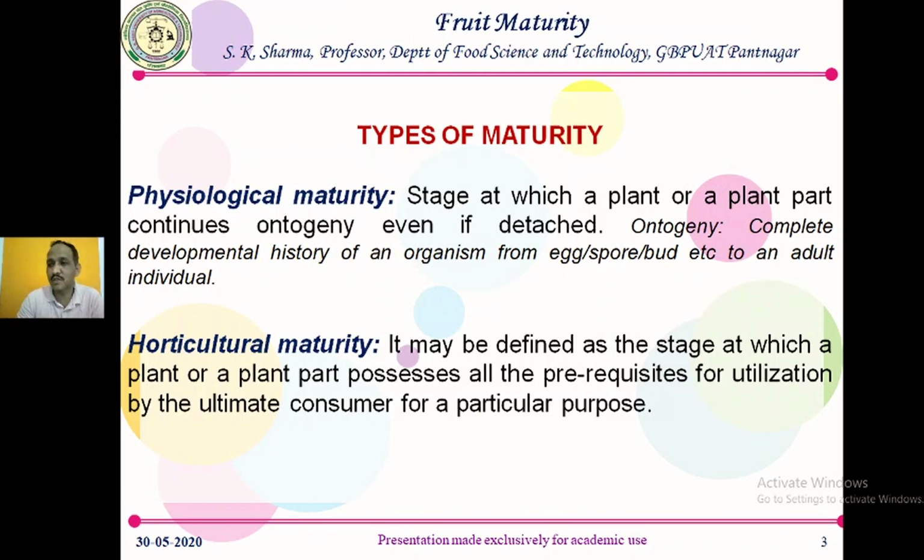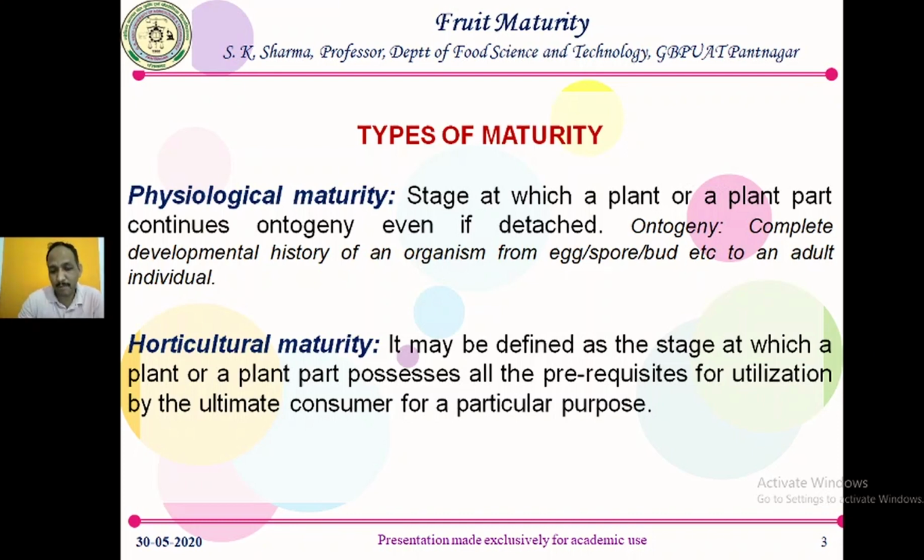Physiological maturity is a stage at which a plant or a plant part, meaning whatever we are going to harvest, continues the ontogeny even if detached from the parent plant. Now what is ontogeny? Ontogeny is the complete developmental history of an organism, from an egg or spore or bud to the adult individual.